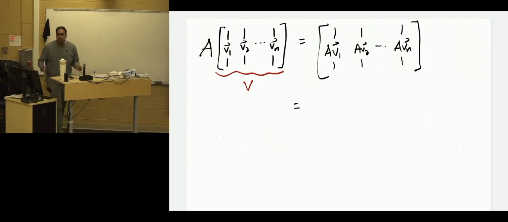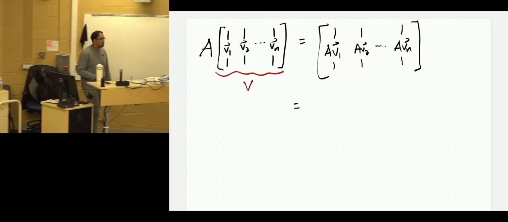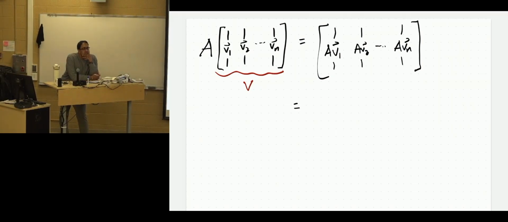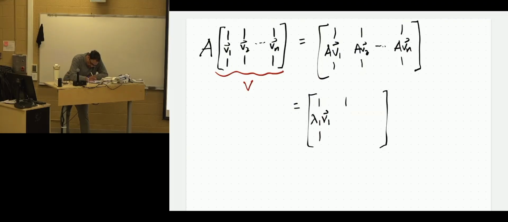But we can simplify AV1, AV2, all the way through AVn. Because the V's are eigenvectors of A, what do they simplify to? I can write this not involving a matrix: lambda, whatever it is, times the vector. Exactly. Lambda 1 V1 is the first column, lambda 2 V2 is the second column, and lambda n Vn is the last column.